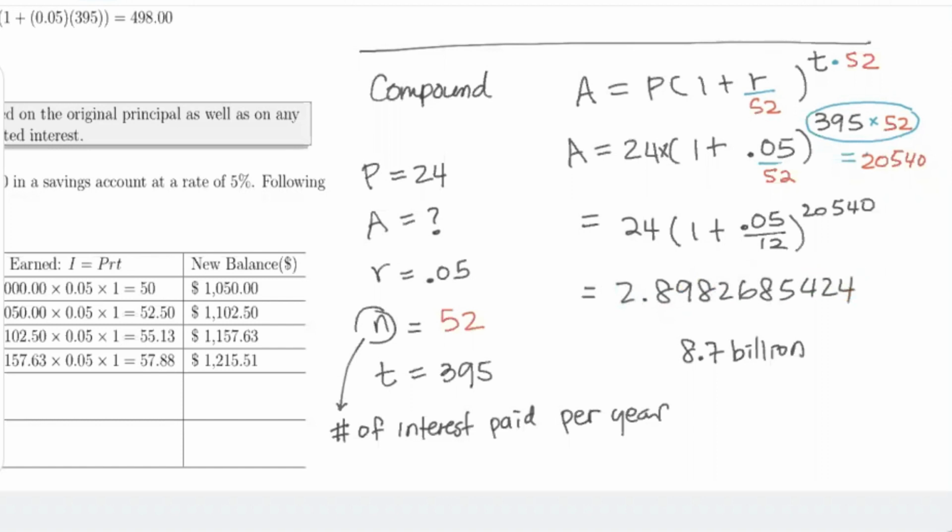I'm sorry, I have a raspy voice. 8, 9, 8, 2, 6, 8, 5, 4, 2, 4. Yes, that's what I have. Yeah. So is that what you have? Let's see. Yes. Oh, this is 52. Sorry.